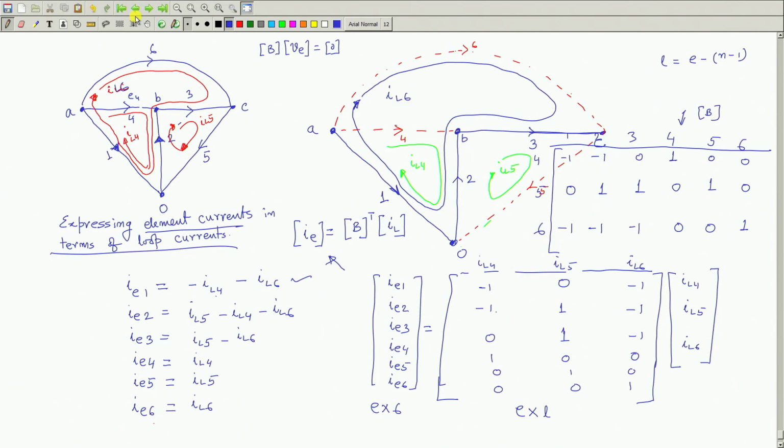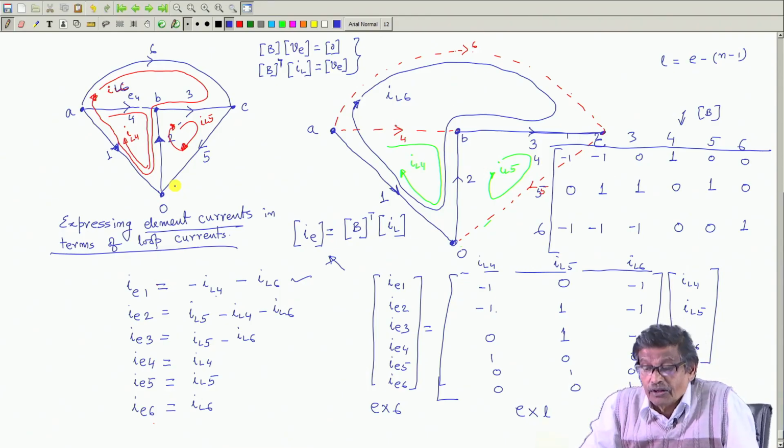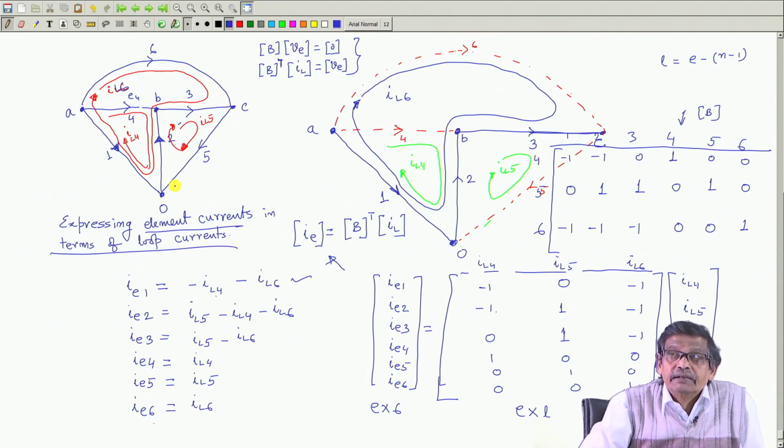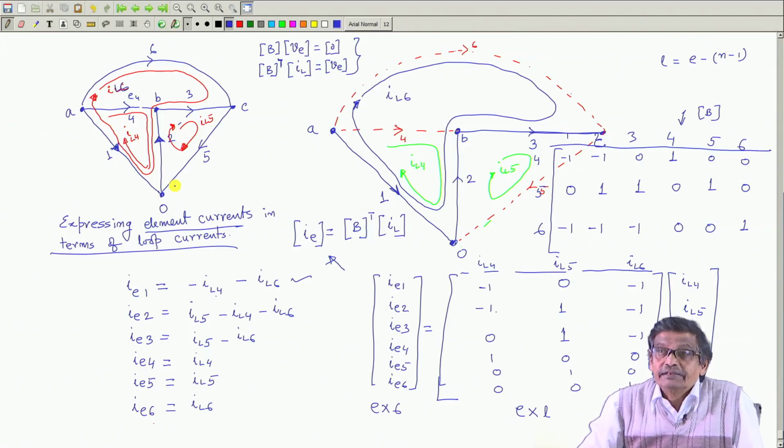I am so sorry, this is one, and the second one is B transpose into the loop currents is equal to the element currents. So, these two are the equations which we will be using if we want to solve the network by the loop analysis method.